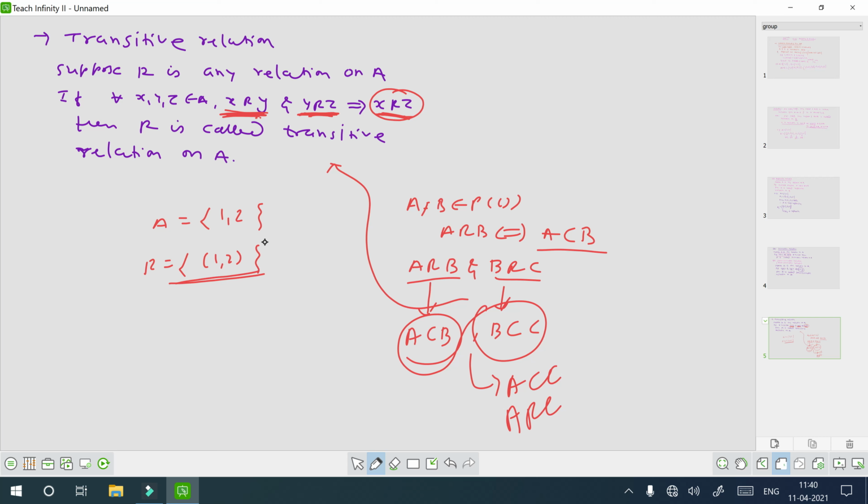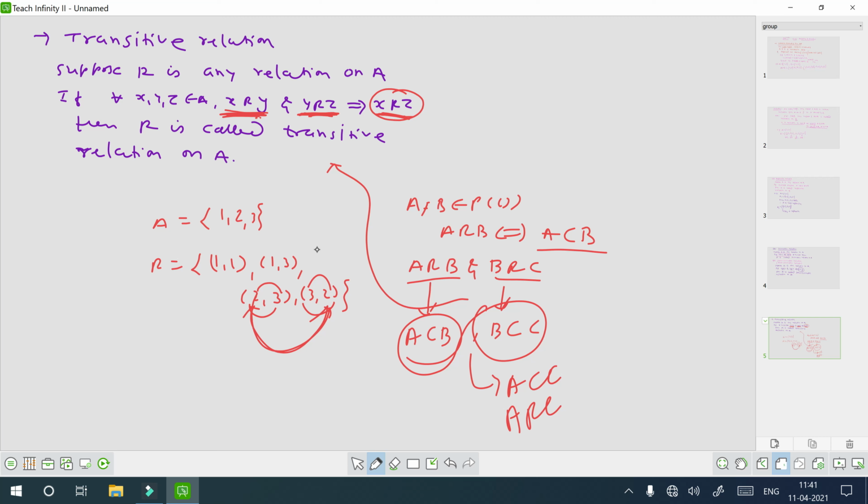But if I take A = {1, 2, 3} and R = {(1,1), (1,3), (2,3), (3,2)}. Now (2,3) is there, (3,2) is there, but (2,2) is not there. xRy, yRz, but xRz is not there.